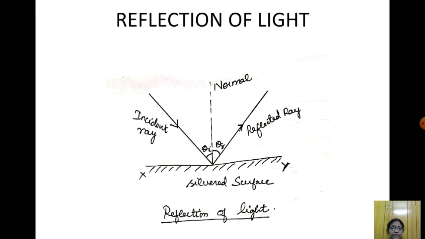Now we take two laws from this phenomenon of reflection of light. The first law: the angle of incidence is equal to the angle of reflection. The second law: the incident ray, the reflected ray and the normal all lie in the same plane.